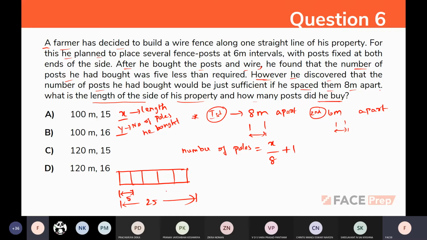If we divide the whole distance x by 5, we get 5, the number of spaces between the poles. So to cover five spaces, how many posts will we need? Anyone? Yeah, I think you said 6.